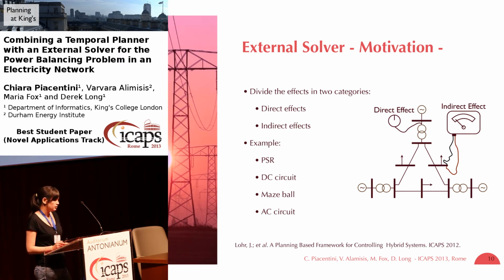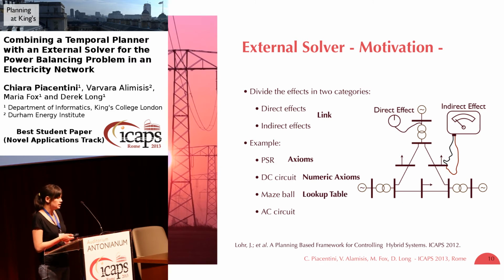One thing that we have to consider is, of course, the link between the direct and the indirect effect. For example, in the PSR domain, this link was made by axioms, and in a hypothetical domain in which we have a DC circuit, we can use an extension of the axioms that handles numeric variation.